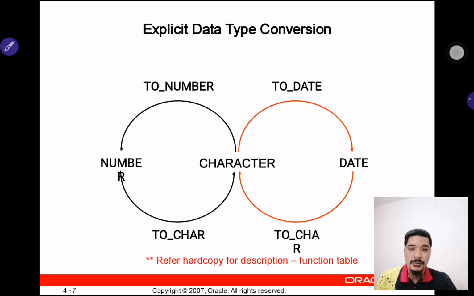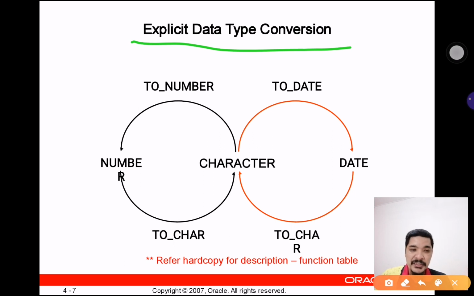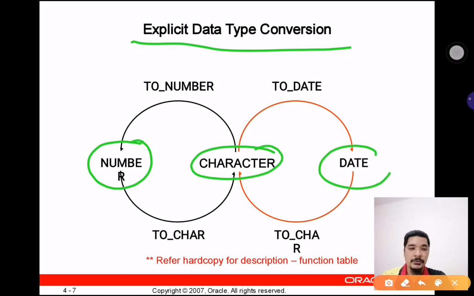For this one, explicit data type conversion is done by the user. This is our part, explicit data type conversion. It means the user needs to determine what types of data we need to convert. For example, we have three data types: number, character, and also date.